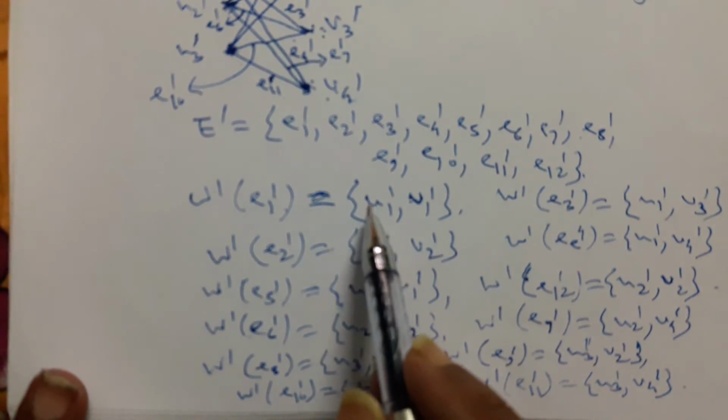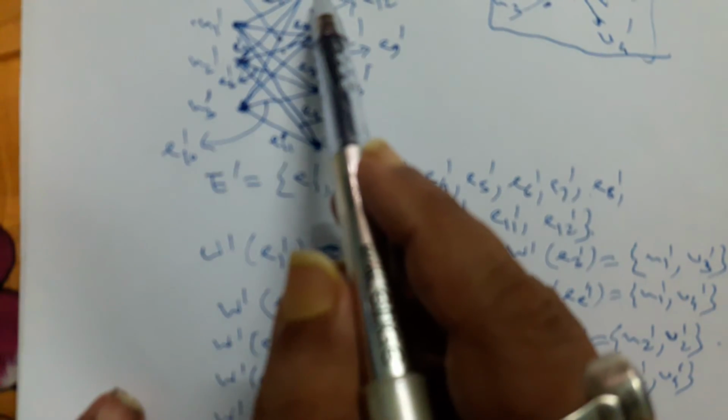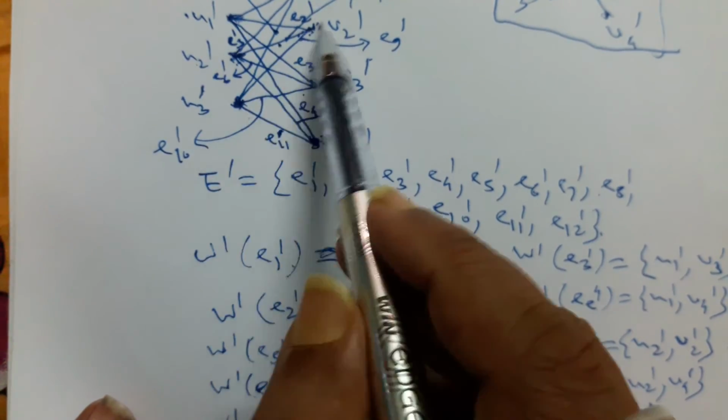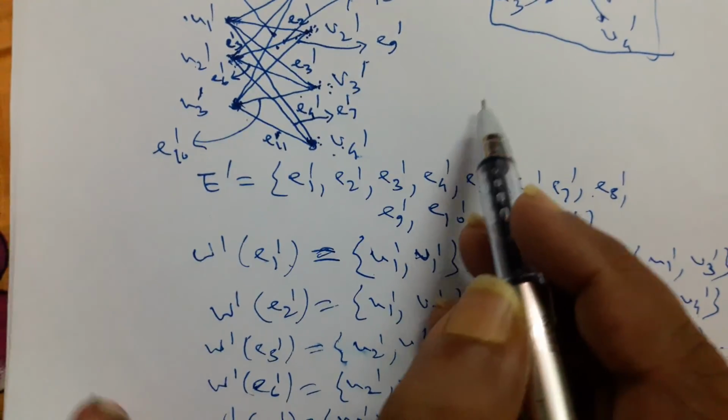We draw with the help of this incident function. So here one set is V1 dash, and another set is V2 dash, and every vertex is incident with every vertex of the other set. So that's why it's a complete bipartite graph.